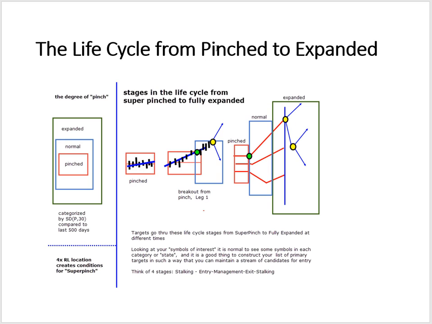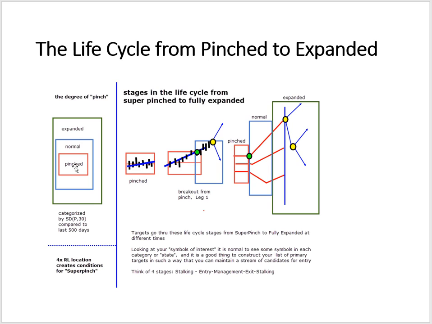So when we think about this life cycle, from pinched to expanded, the first thing that we're going to measure are those degrees of pinched. We're going to categorize them into pinched, normal, and expanded on the basis of today's standard deviation of the closing prices of the last 30 days, comparing that percentage measure, that standard deviation of price, to the statistics of the last 500 days.